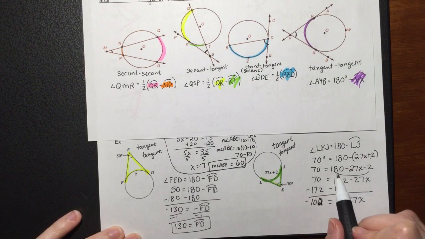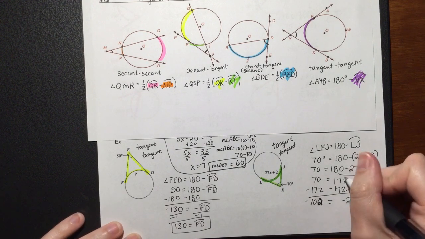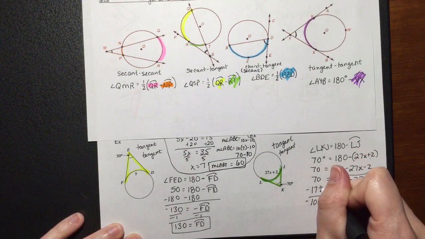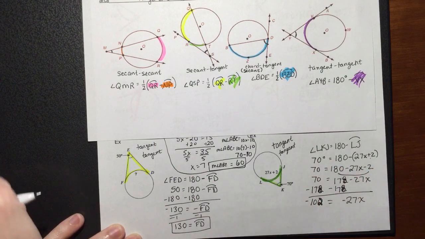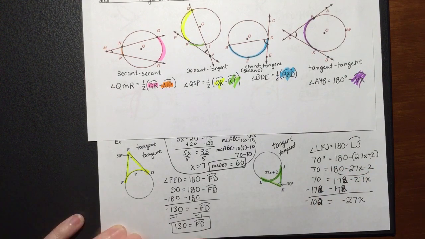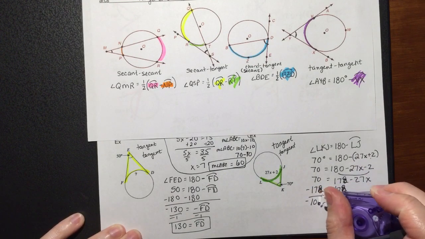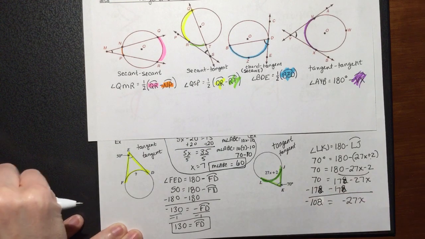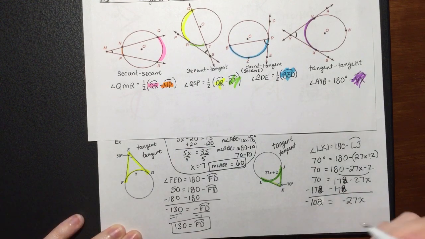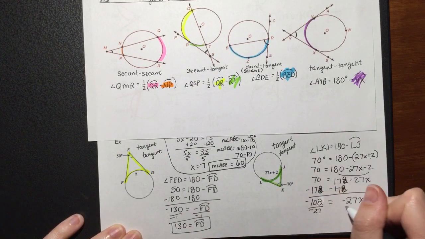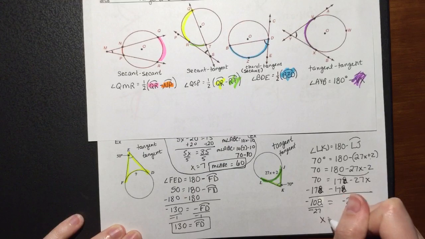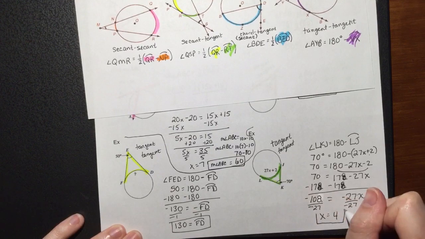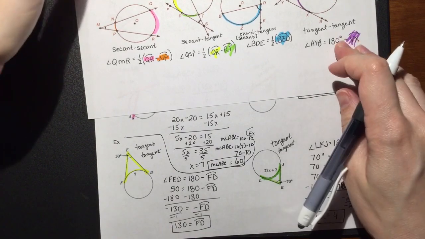That's 178. So 70 minus 178 is negative 108. Divide both sides by negative 27 now. Yeah, there we go. And then x is going to be equal to 4. And I'm double checking to make sure it didn't ask for LJ. So the answer for this one is x is equal to 4.